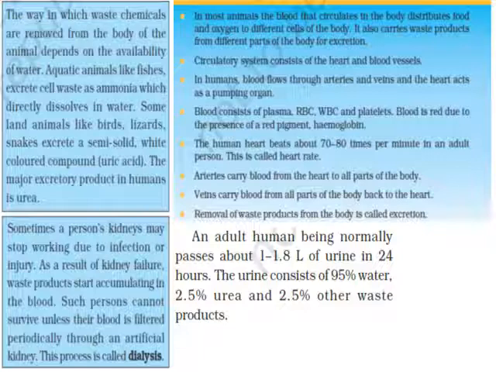Now sometimes a person's kidney may stop working due to infection or injury. You might have heard about kidney failure. Now the kidneys do not work, so waste products start accumulating in the blood itself. Such a person cannot survive unless their blood is filtered periodically through an artificial kidney. This process is known as dialysis.